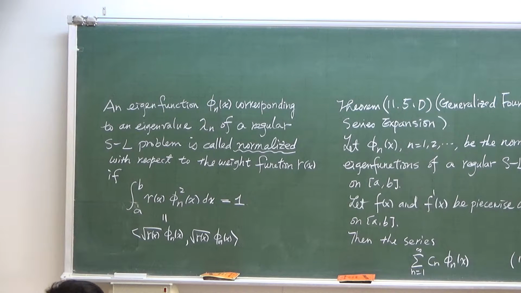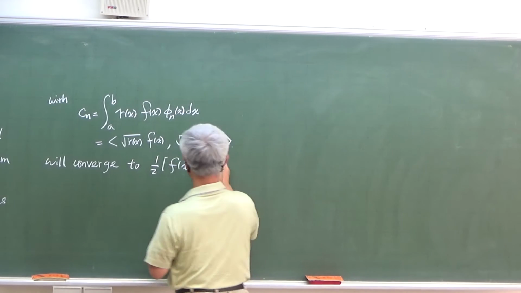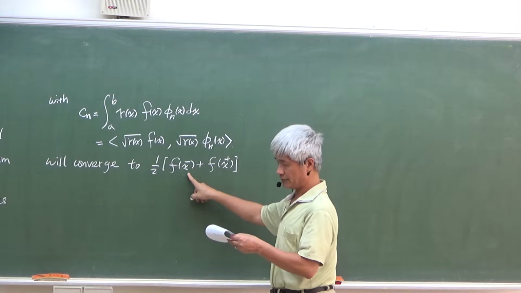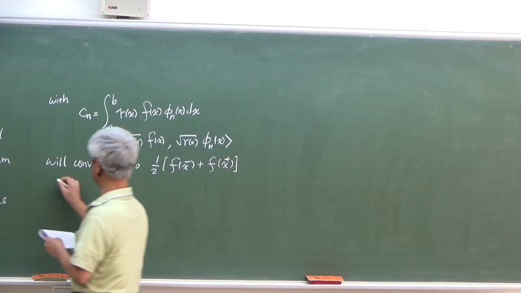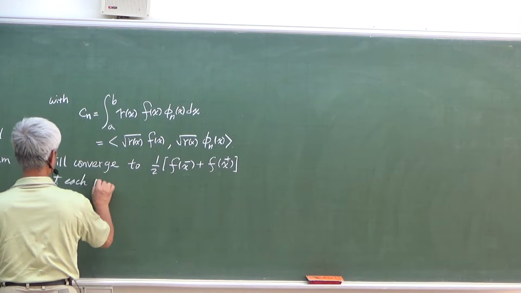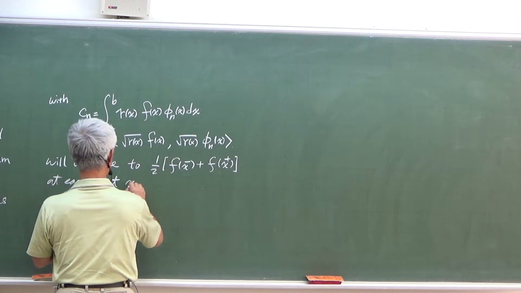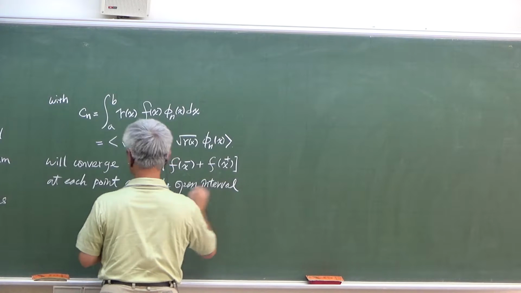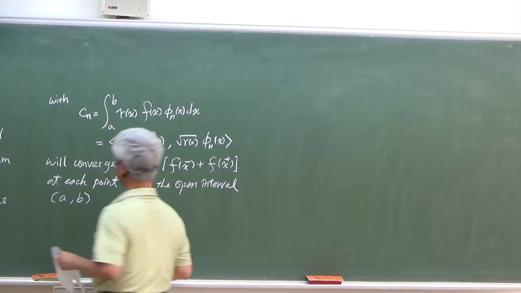Now, this series will converge to half of the sum of the left limit and right limit of f(x) at each point x in the open interval (a, b).